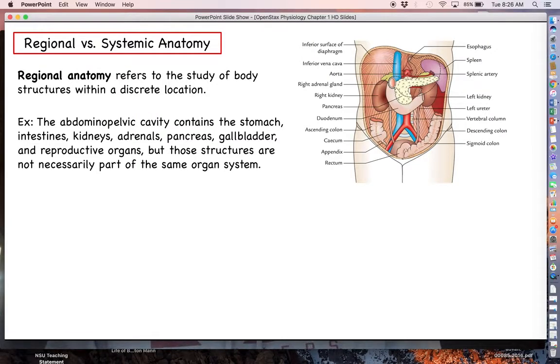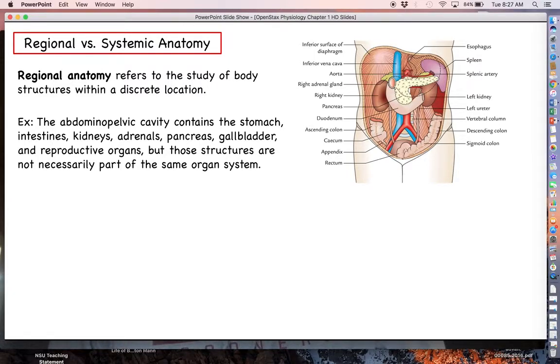You can't really see the stomach, but the abdominopelvic cavity contains things like the stomach, the intestines, the kidneys, the adrenal glands, the pancreas, the gallbladder, reproductive organs, things I haven't mentioned like different arteries and veins. You've got the spleen, the liver, so there are lots of different organs all contained within the same space, right? But here's the thing.